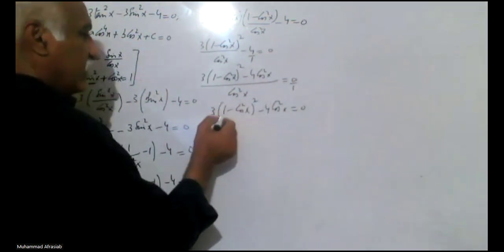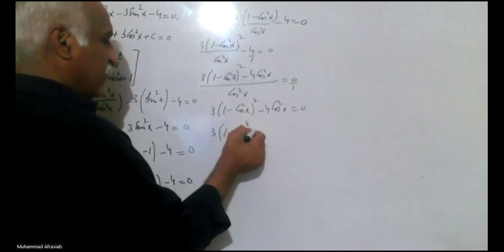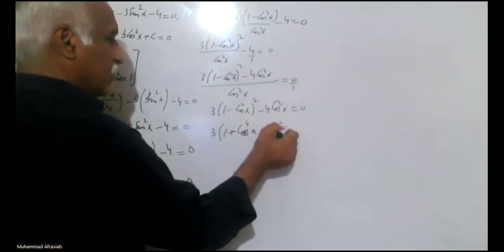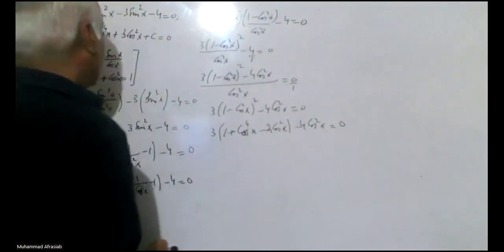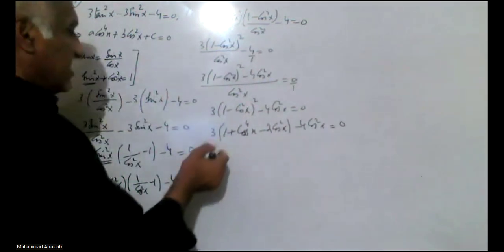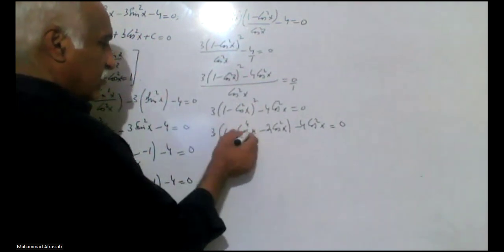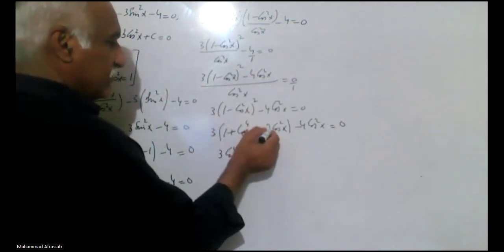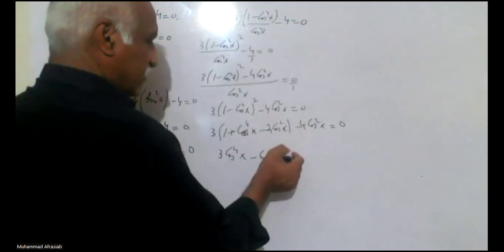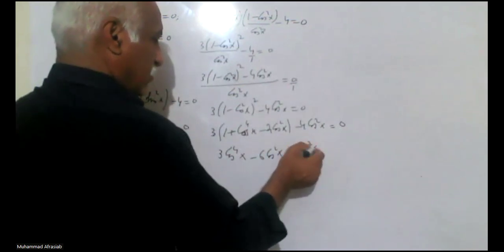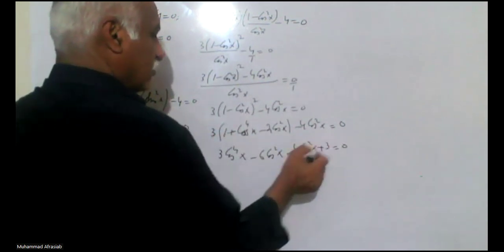And if you open it, it will become 3 into 1 plus cos 4x minus 2 cos square of x, minus 4 cos square of x is equal to 0. This will become 3 cos 4x minus 3 twos are 6 cos square of x, minus 4 cos square of x, and plus 3 is equal to 0.